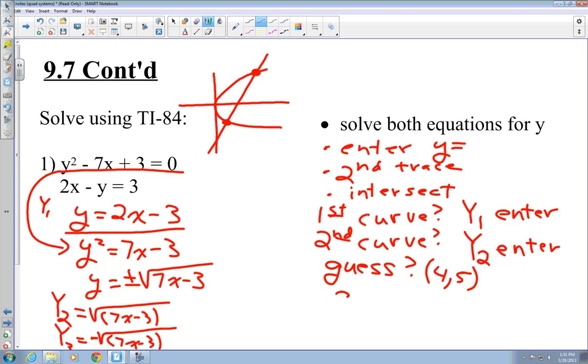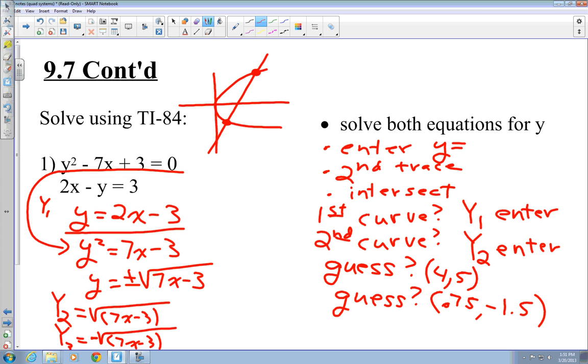And when you say guess the second time, it should come out. Oh, here it is. It's a decimal this time. 0.75, and what was the other one? Negative 1.5.